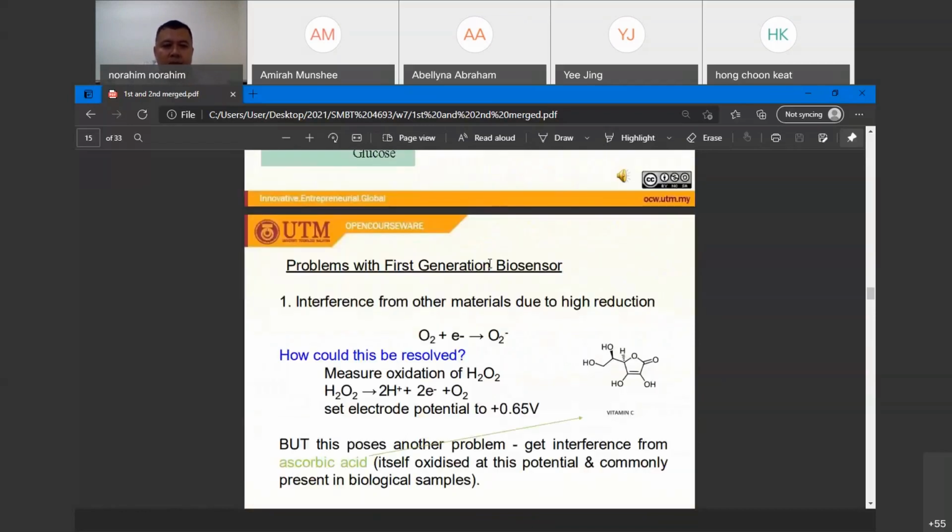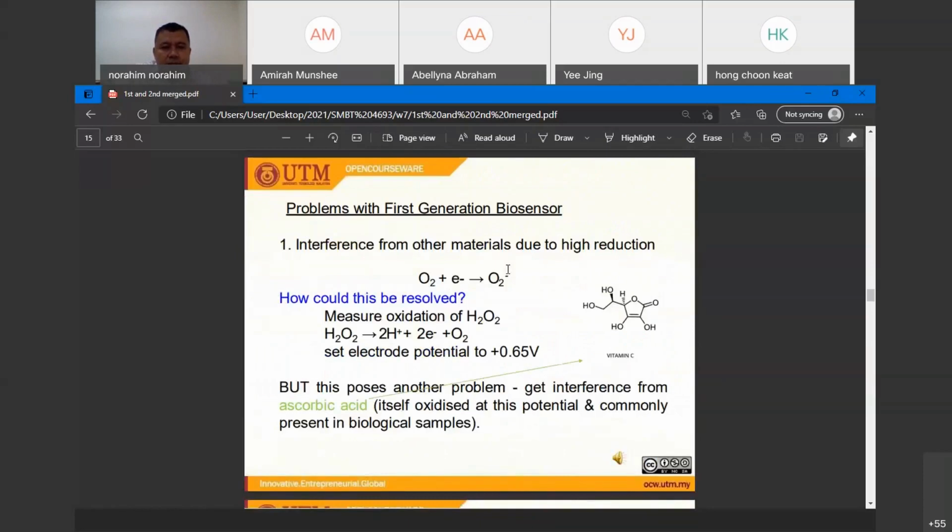But there is a problem with the first generation of this biosensor. It has some drawbacks: there is interference when we do biosensing. When we do sensing, we have to minimize the interference, because if you have lots of interference, your signal may not be accurate or correct. So there is interference from other materials due to high reduction.